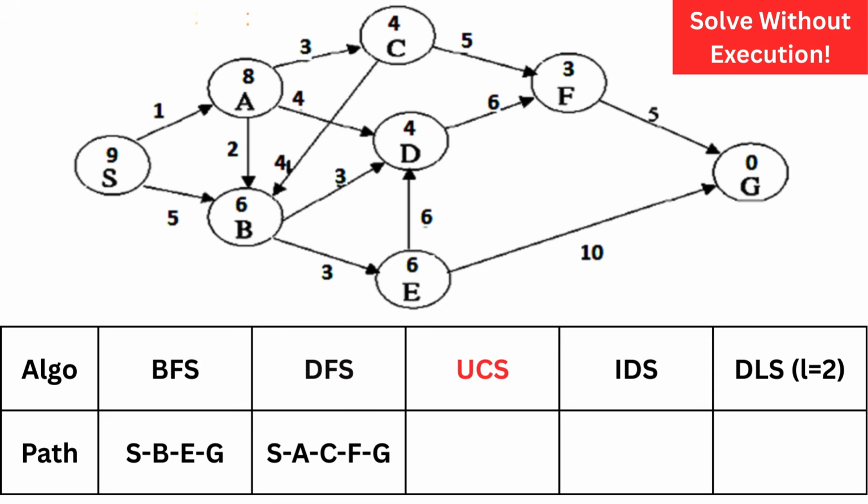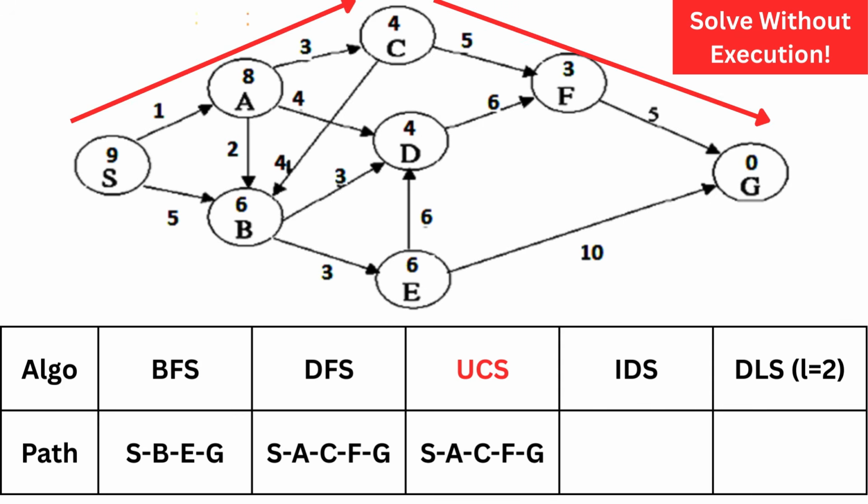What about uniform cost search? Again, we will use the property of uniform cost search. It brings the optimal path, whether the step cost is uniform or not. So just take a moment to find the optimal path. If we take S, A, C, F, G, it will give us the cost of 14.